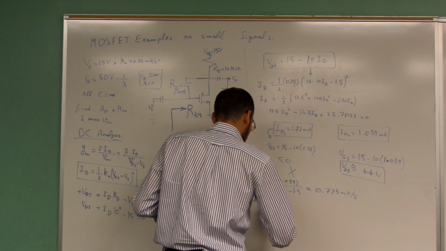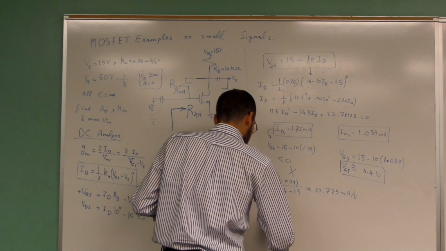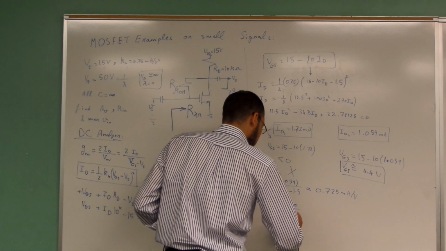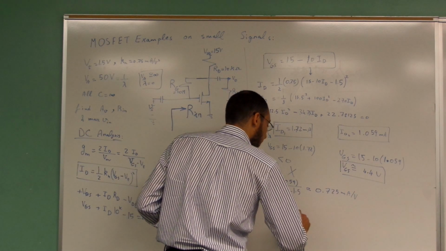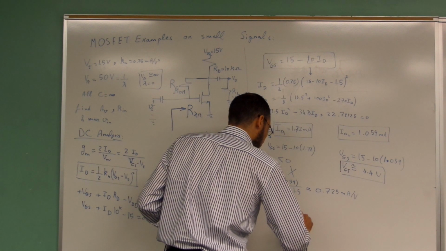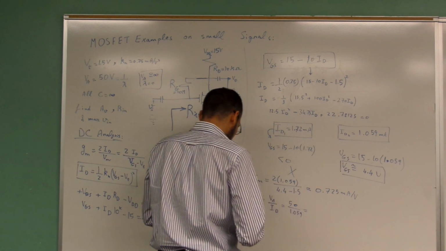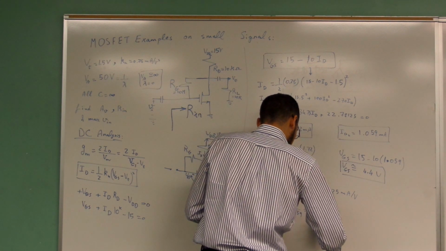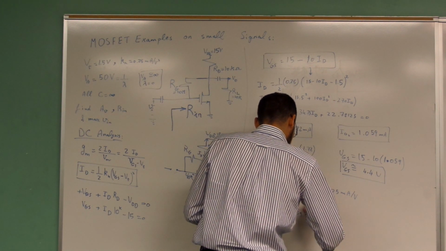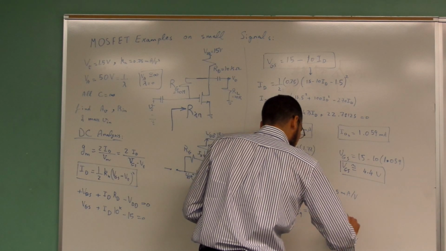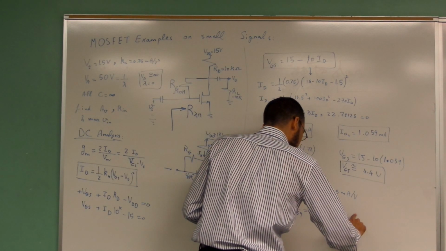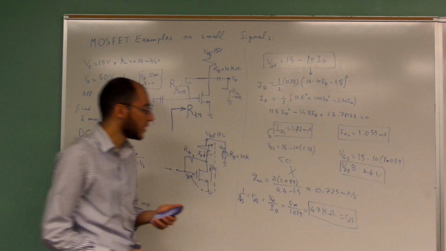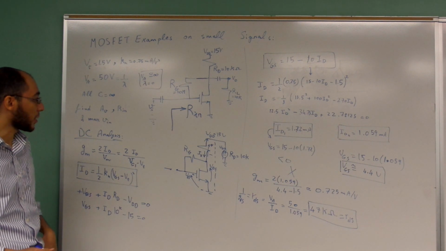RDS equals VA over ID, which is equal to 50 over 1.059 milliampere. So that is, roughly speaking, 47 kilo ohms, equals RDS. So these are the two values that you need to calculate.